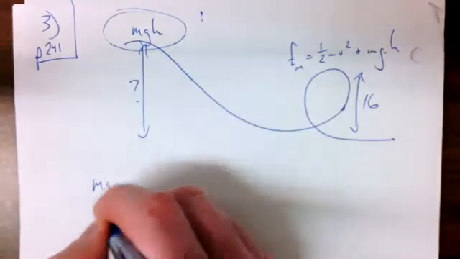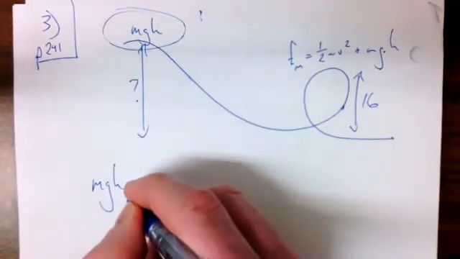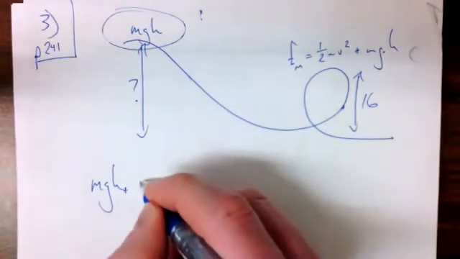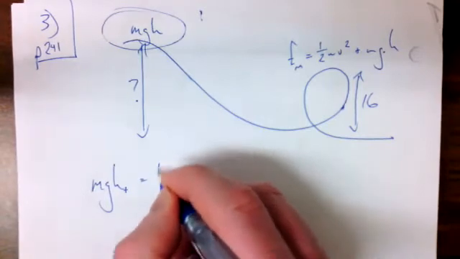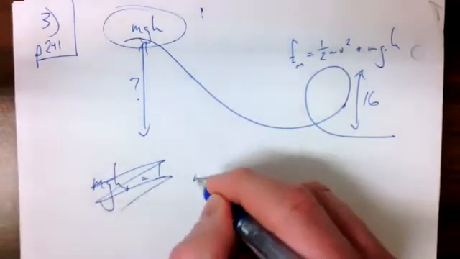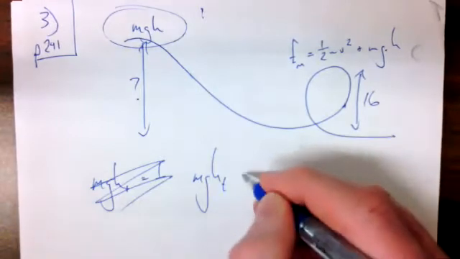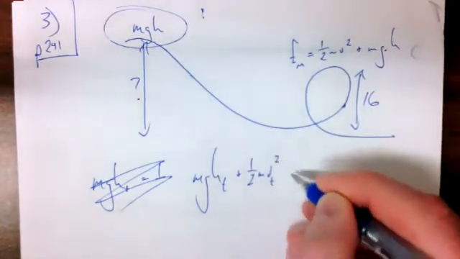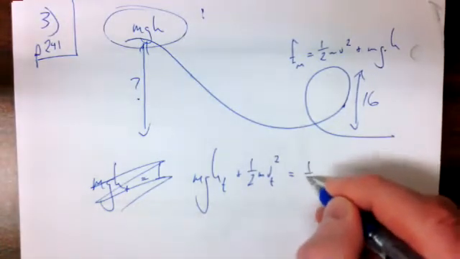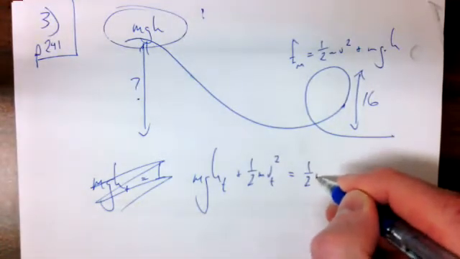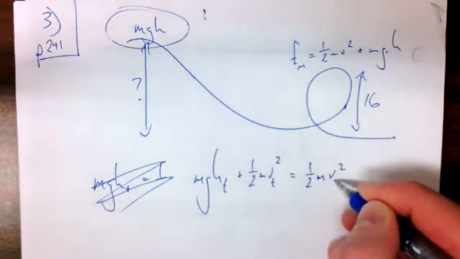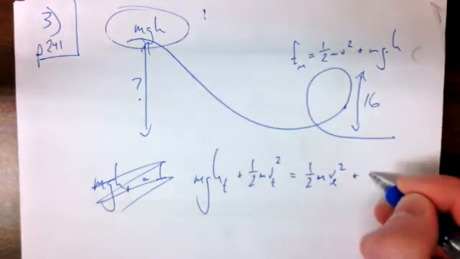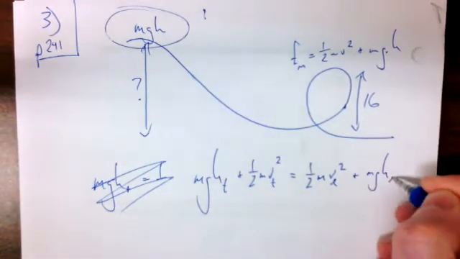Yeah, so I'll do h_T for the top, and I'll do the whole thing the way you said. So mgh_T for the top plus 1/2 mv_T squared equals 1/2 mv_L squared, with the v here for the loop, plus mgh_L for the loop.